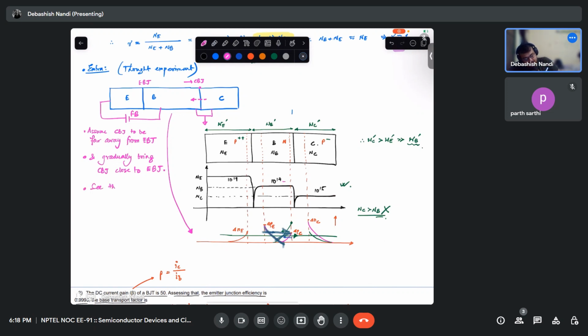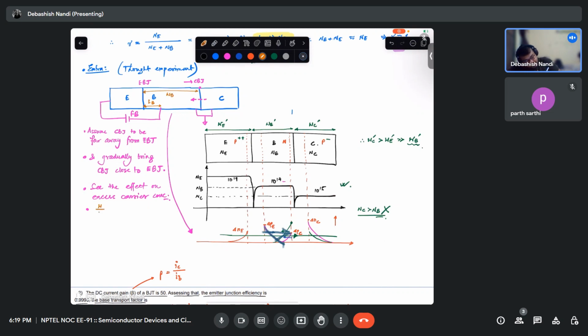See the effect on excess carrier concentration. Take three cases. Let me say the diffusion length is, in this case, LB, and this will be your WB.